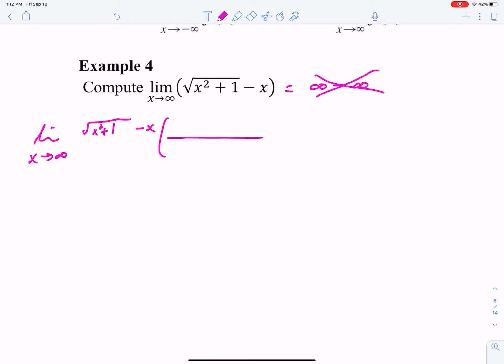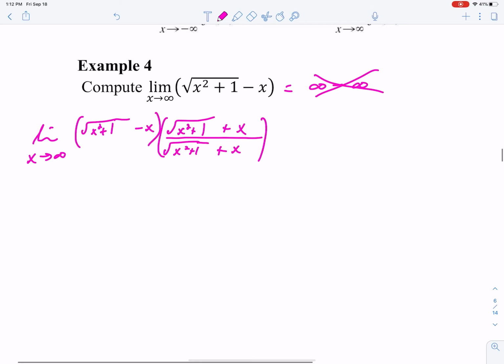That's it. So we're going to multiply top and bottom by that, because this is 1. Anything over itself is 1, and we're allowed to do that. Oh, and I did not use my parentheses properly. There we go.